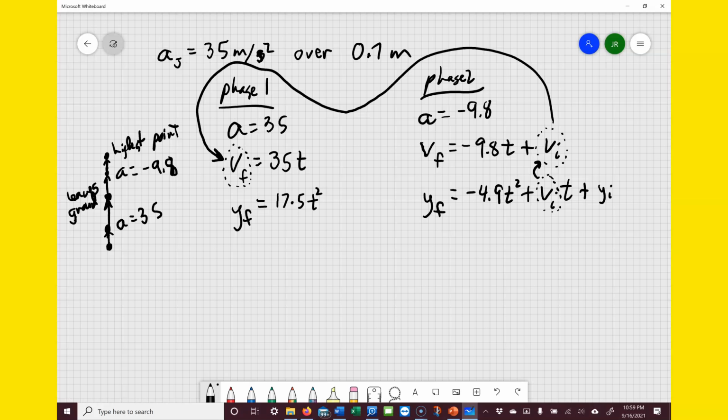And that y initial is the height when he leaves the ground, but I can still call that 0 because I want to know how high he gets. This is still him on the ground, so I'm still going to call that 0. So I'm just going to erase that.